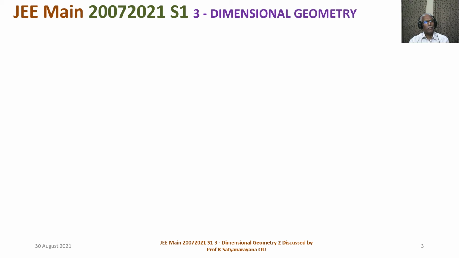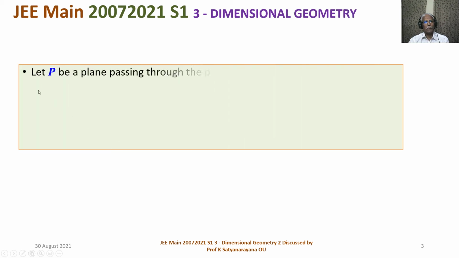The example is: let P be a plane passing through the 3 points (1, 0, 1), (1, -2, 1) and (0, 1, -2).